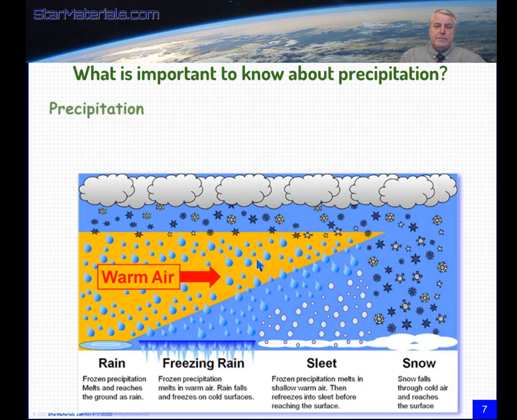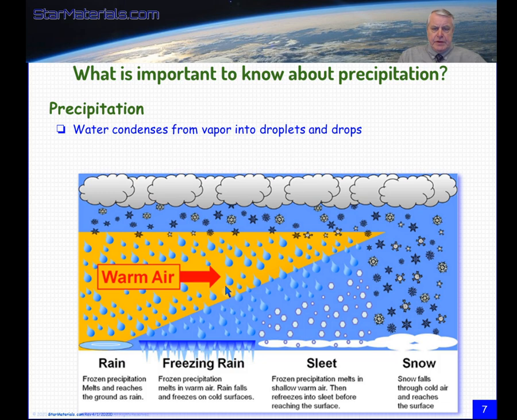Okay, precipitation. Water condenses from a vapor into droplets and drops. We have rain, freezing rain, sleet, and snow. Now, as you go up in the atmosphere, it gets colder and colder, at least in the troposphere where the weather is, the bottom layer of atmosphere. High up, it's cold.